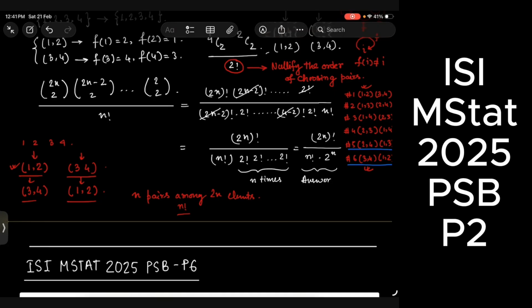And 2, 3 and 1, 4 is already there in the third, so we can ignore this. So 6 by 2, it will be 3. We are ignoring the order of the occurrence among the pairs. So got it? Why we have multiplied it by 2 factorial?